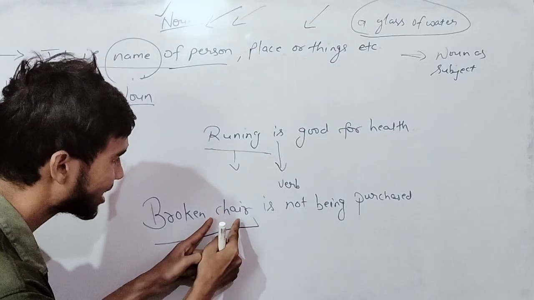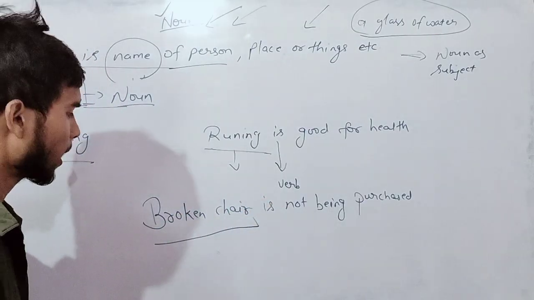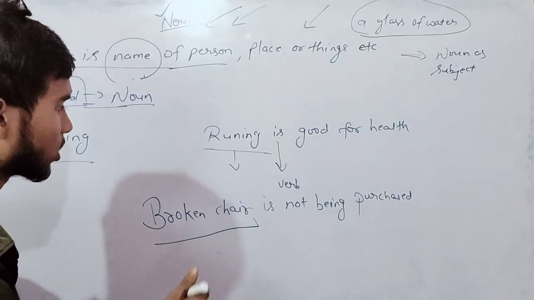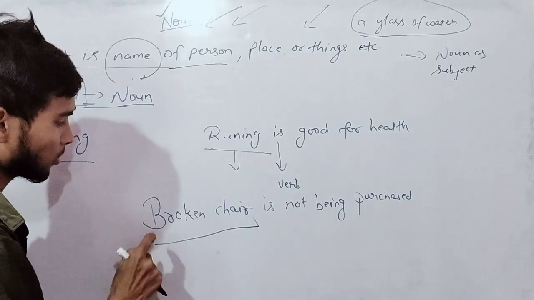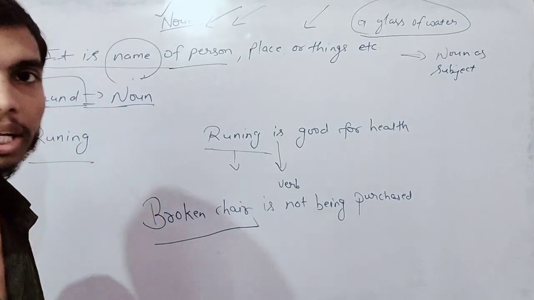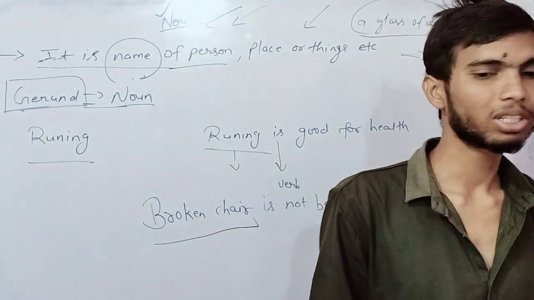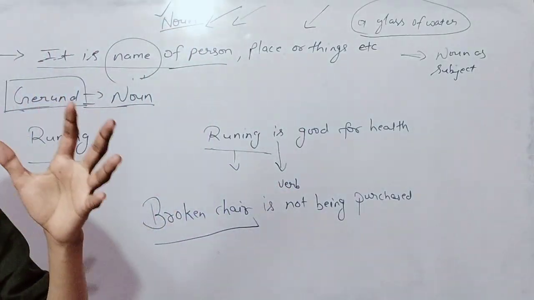Now you can say that broken chair is a noun, but clearly only chair is a noun. Broken is telling you the state of the chair. How is the chair? The chair is broken.